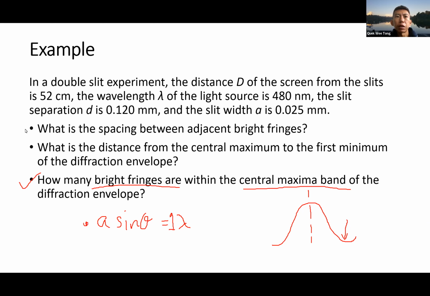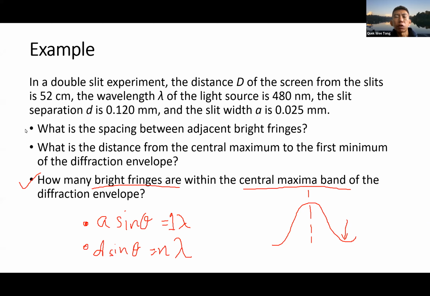At the same time, you will use the formula d sin theta equals n lambda. You may ask, aren't we talking about a double slit? Why use this formula? Normally for double slit you use y equals n lambda L over d.